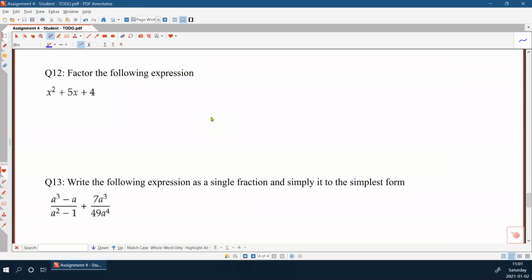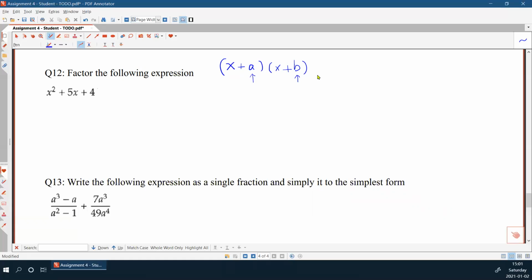Factor the following expression, x squared plus 5x plus 4. Intuitively, to factor this expression, it can be rewritten as (x plus a) times (x plus b). We don't know the a and b here.